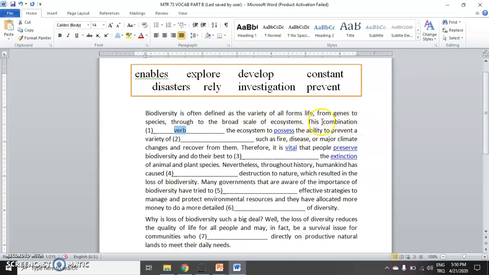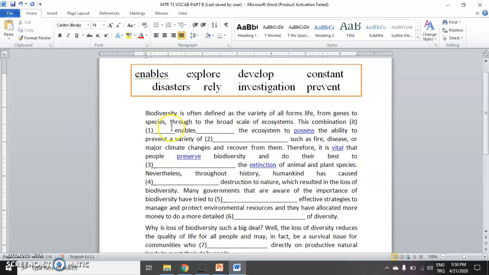Because this is a singular subject, it, here we can only have enables. And enable something to do something. This is our collocation.